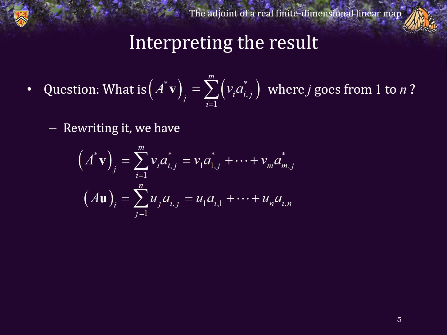Compare that to matrix vector multiplication. Rather than taking a linear combination of the columns, we are taking a linear combination of the conjugated rows of the matrix.